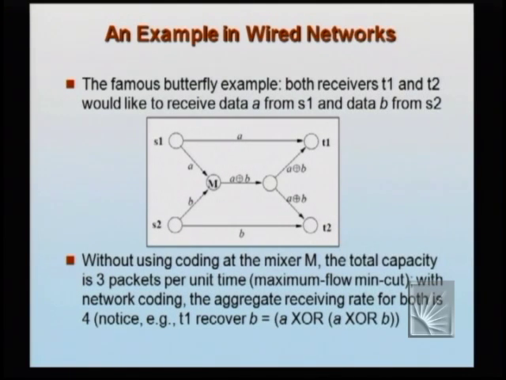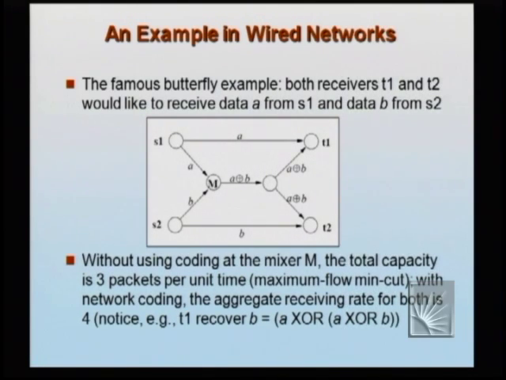Let's look at this example. We have two senders, S1 and S2, and two receivers, T1 and T2. Both T1 and T2 would like to receive data A from S1 and data B from S2. So it's a group communication scenario. Without using coding, A can be forwarded along this path, and B can be forwarded on this path.